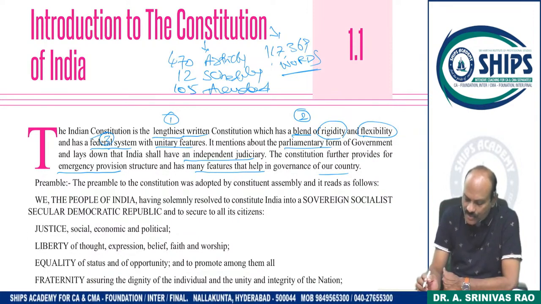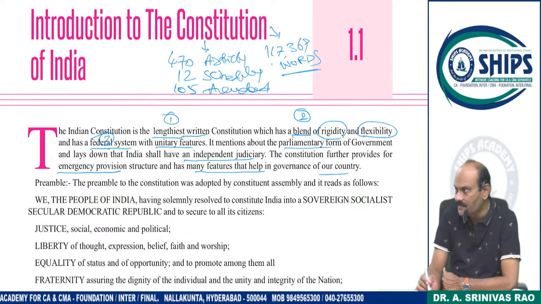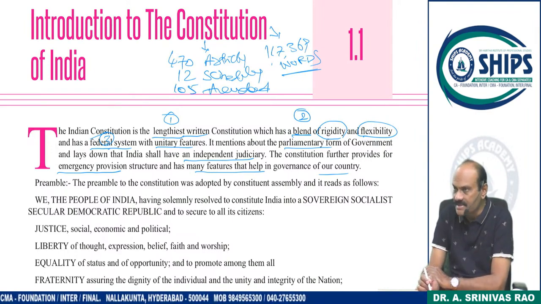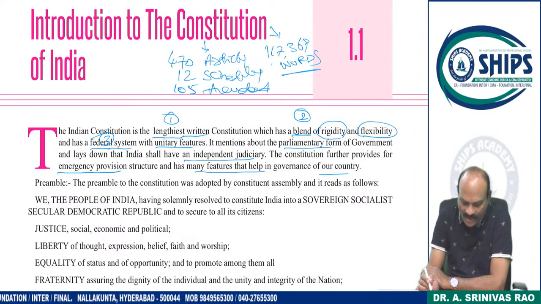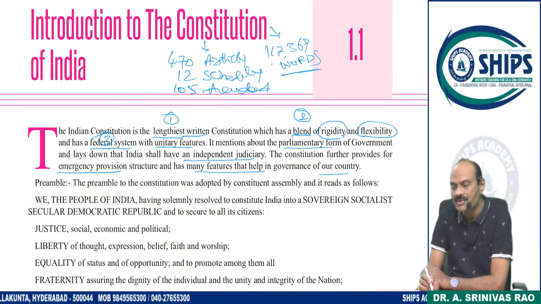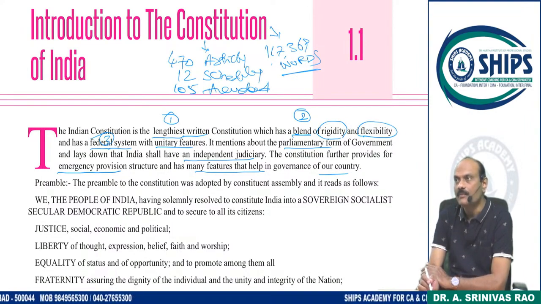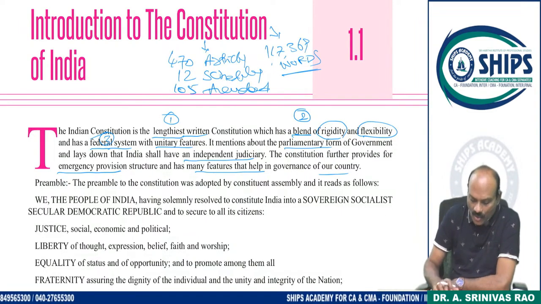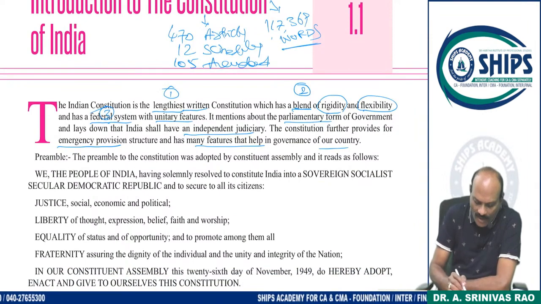And the constitution further provides emergency provisions. Already this was used by Indira Gandhi. When required, emergency provisions can be used, and many features help the governance of the country. The Constitution of India essentially came into force for the progress and success of the government of India, and how to make rules further.